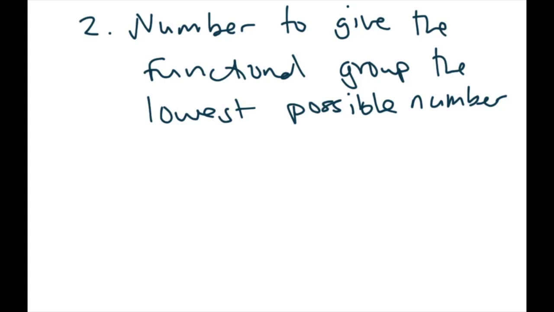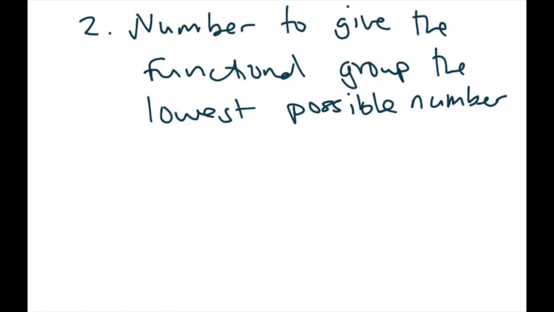So when you have a functional group that gives you a suffix on your name, your first job is to number it so that your functional group, that suffix, has the lowest possible number. Even if it makes the other numbers in your name larger, the most important thing is that suffix getting the lowest possible number.